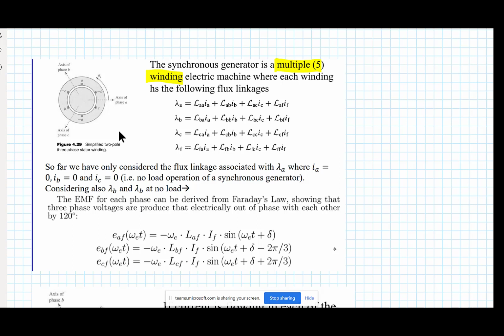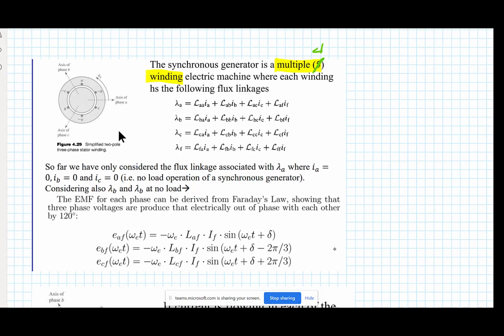Okay, so there's 4 windings. And as a result, each winding would have a flux linkage associated with that winding.